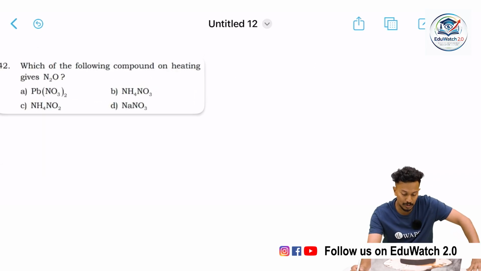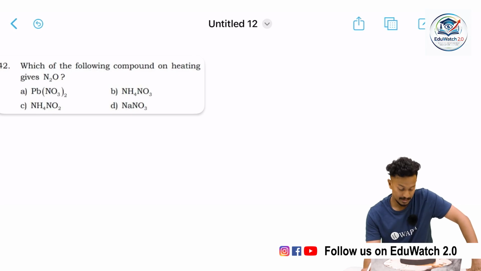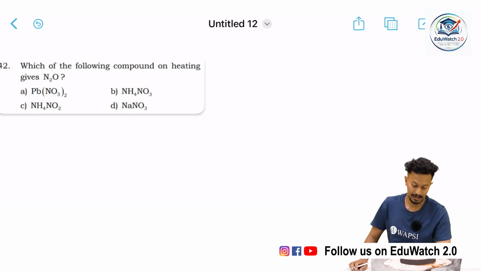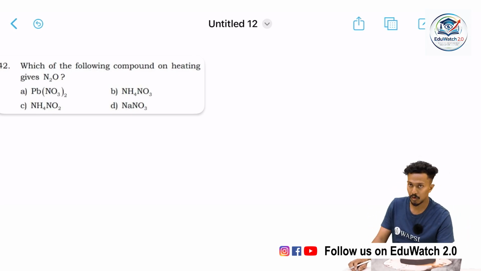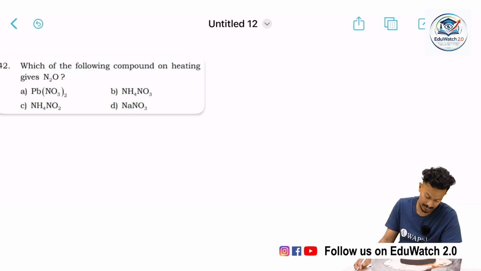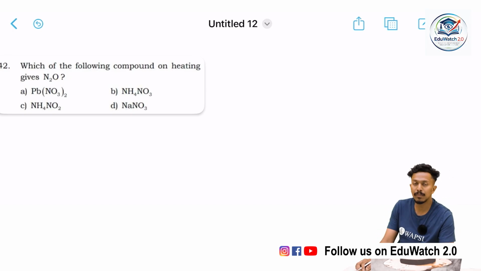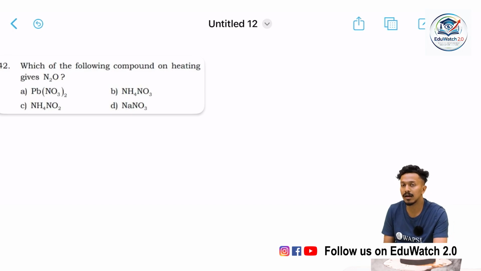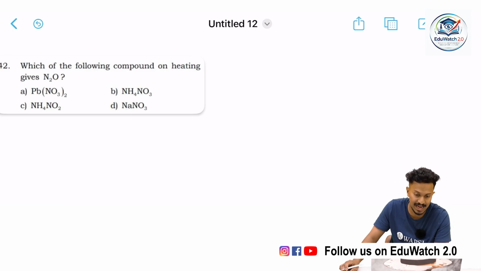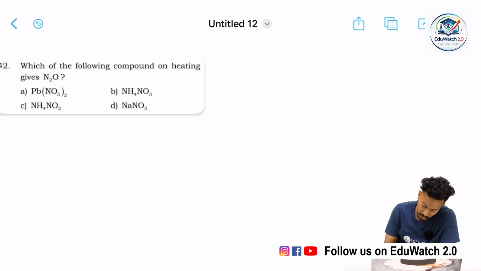Okay, let's move on to our next question. Which one of the following compounds on heating gives N2O? N2O, not NO2. If it is nitrogen dioxide, you could say it's lead nitrate. Only p-block elements give such nitrogen dioxide. Lead nitrate does not give N2O, sodium nitrate does not give it.